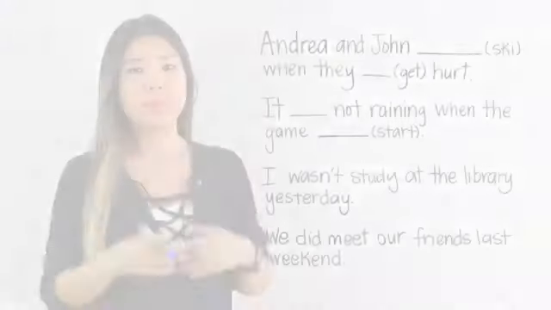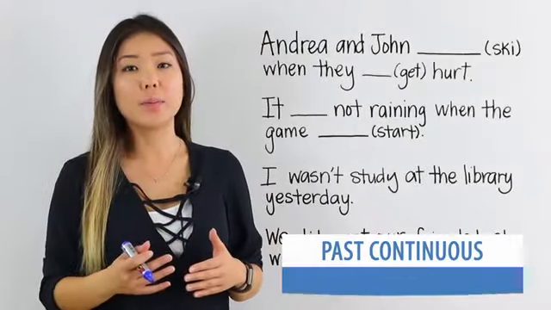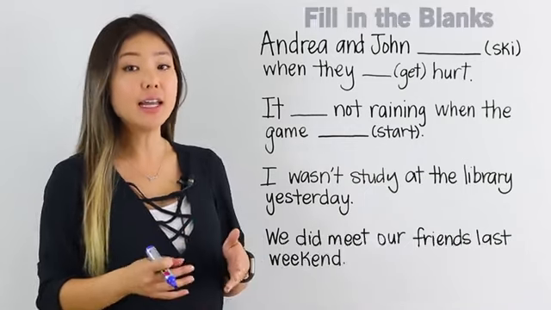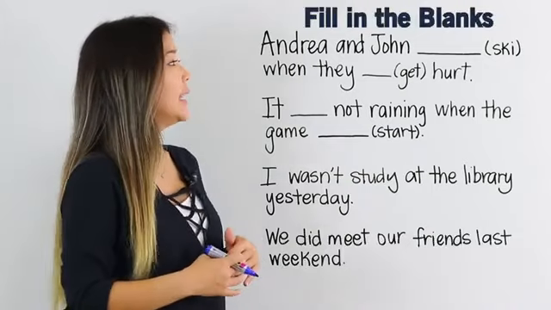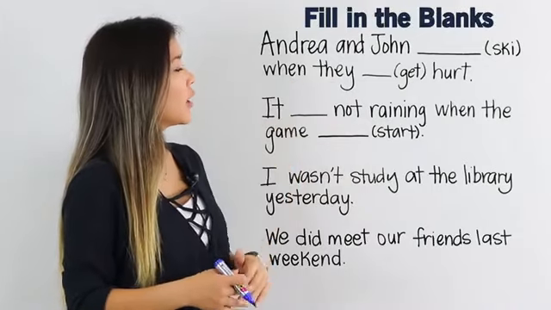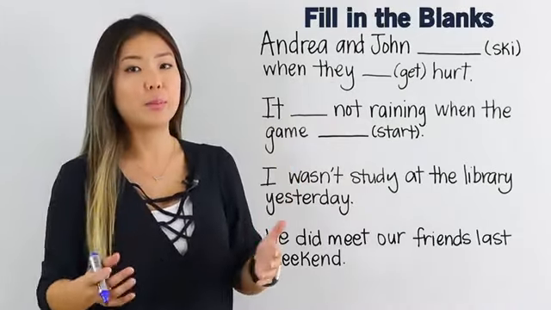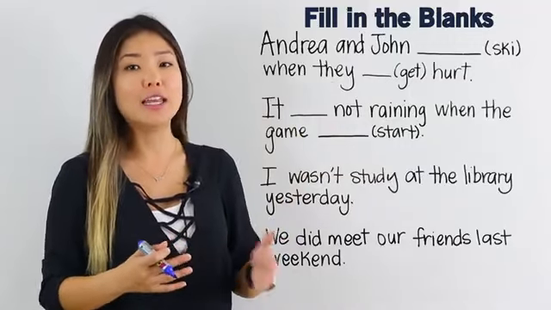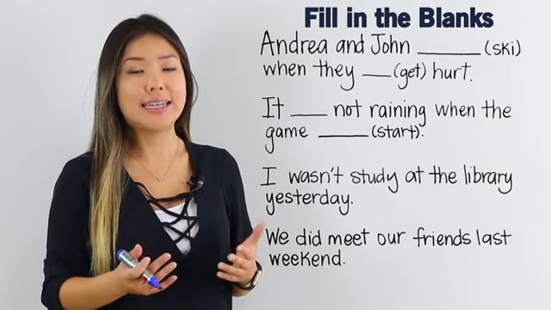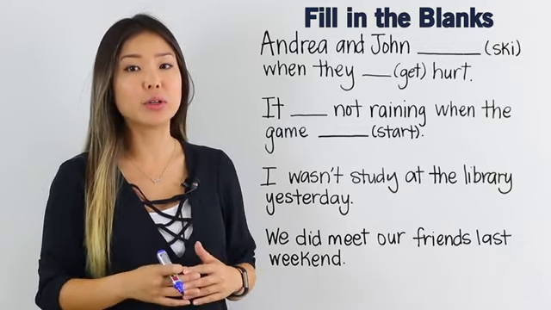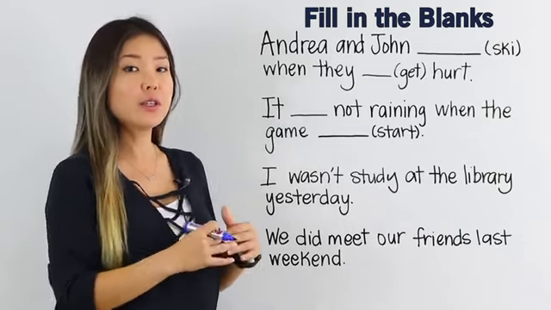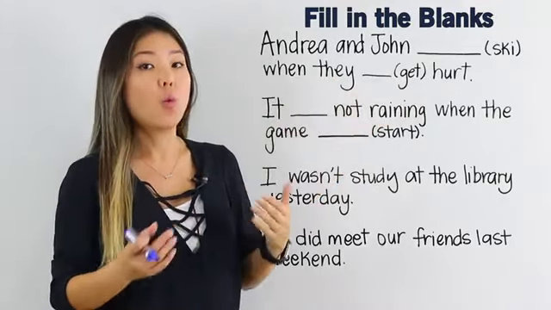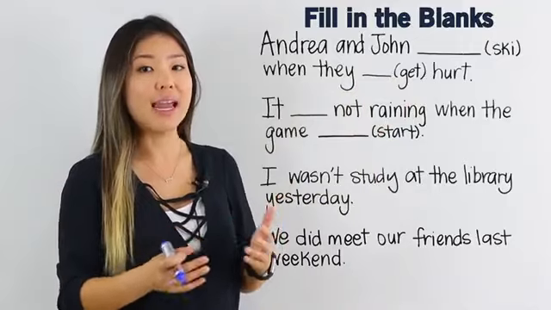Let's move on. Now, let's start a checkup of the when usage of the past continuous tense. Take a look at the first example. It says Andrea and John blank when they blank hurt. Remember, when shows an interrupting action. It needs to be used with the past simple tense. So, let's first look at the second blank. When they blank hurt. What's the past tense of the verb get?